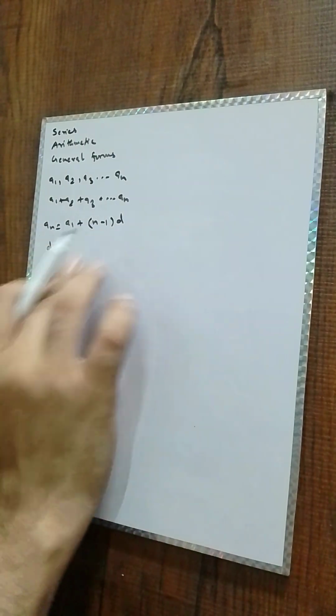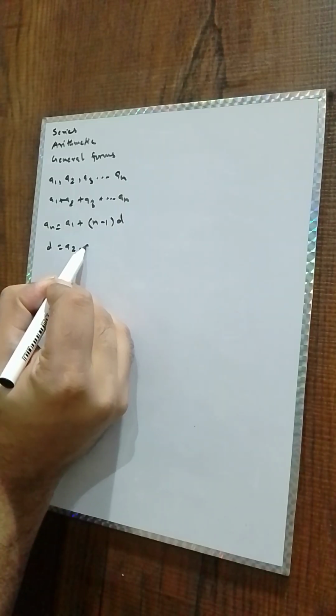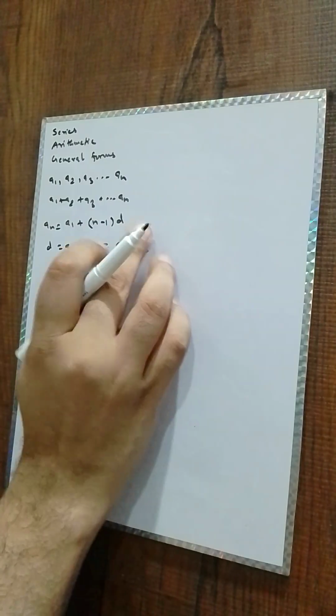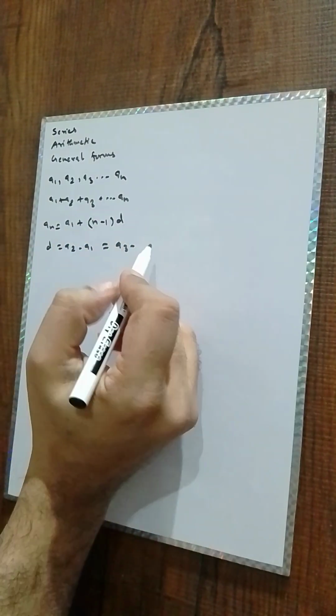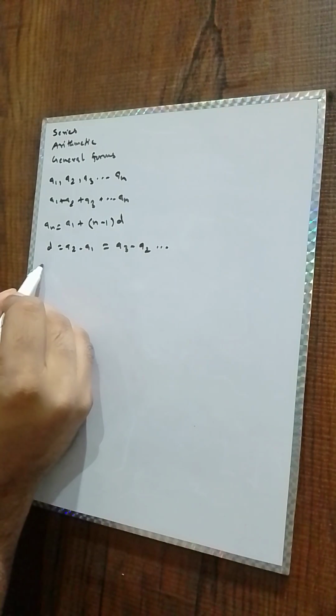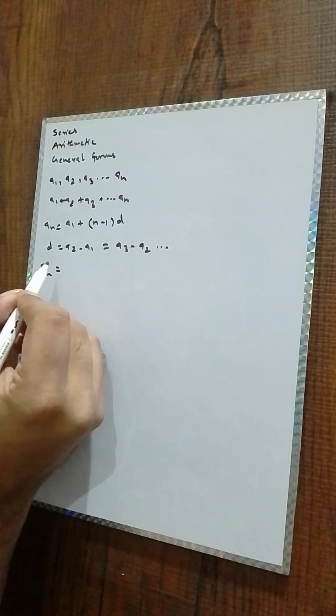Okay, so d here is a2 minus a1, which is equal to a3 minus a2, and so on. A4 minus a3, that makes it a series, and the summation is up to n terms.